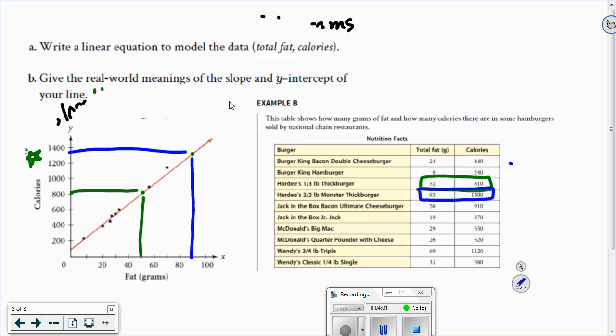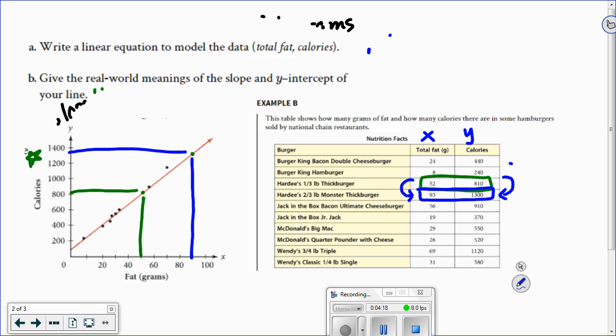So you know how to find a slope, right? You know how to find a rate of change. I'm going to find that rate of change, or my rise over run, by taking the difference between my y values versus the difference between my x values.